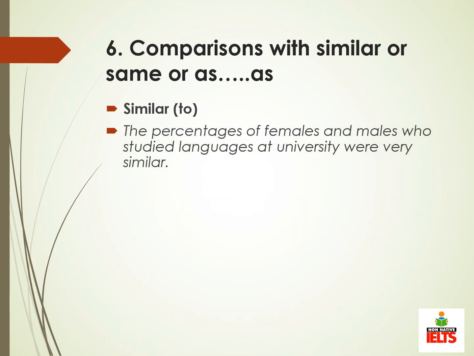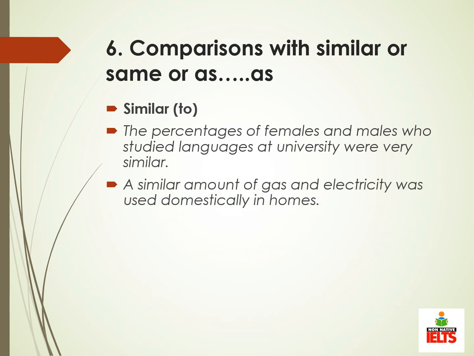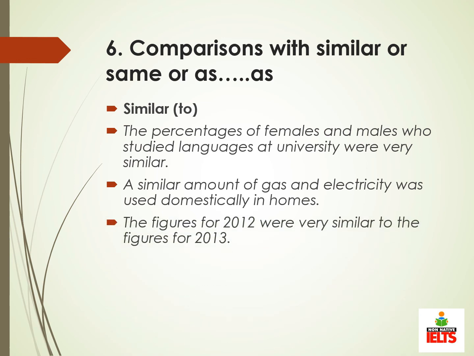The percentages of females and males who studied languages at university were very similar. A similar amount of gas and electricity was used domestically in homes. The figures for 1220 were very similar to the figures for 2030.